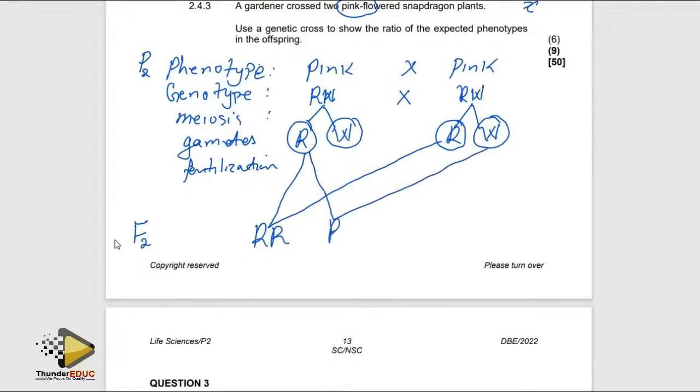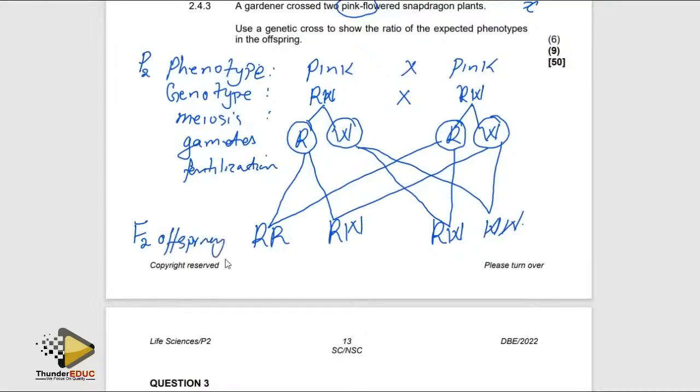So it's going to be capital R, capital W. Now this with that is going to be capital R, capital W. Then this with that. So it's going to be capital W, capital W. Yes. So this is what we call fertilization. So these are the offspring of the parents. So F1 offspring. What are they? They said snapdragon.